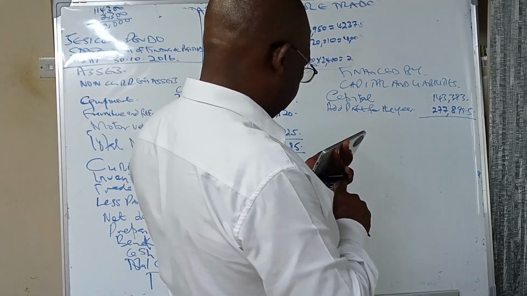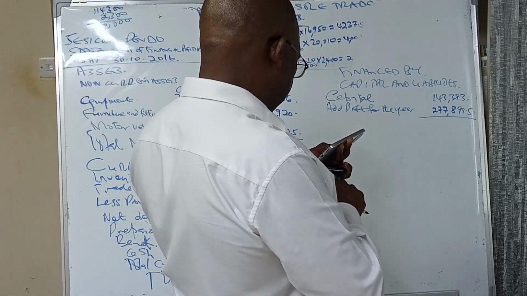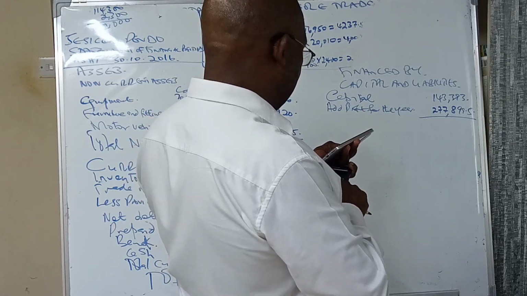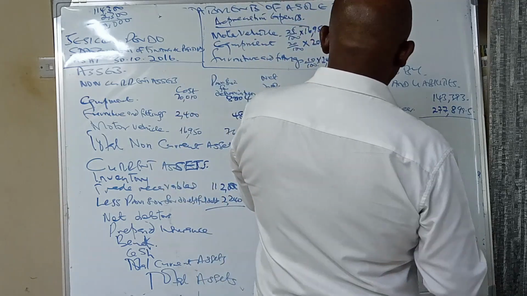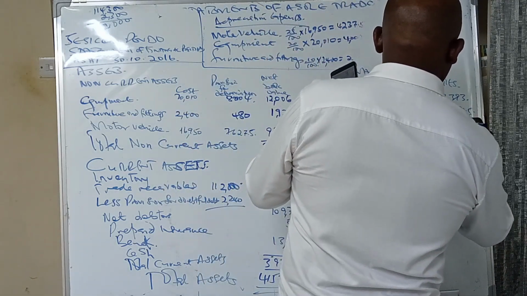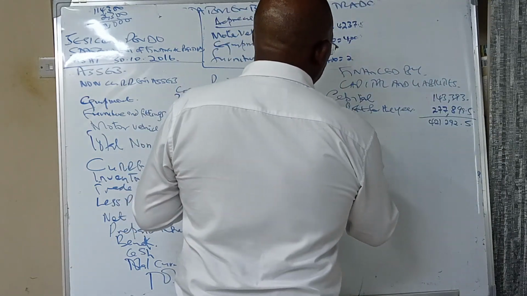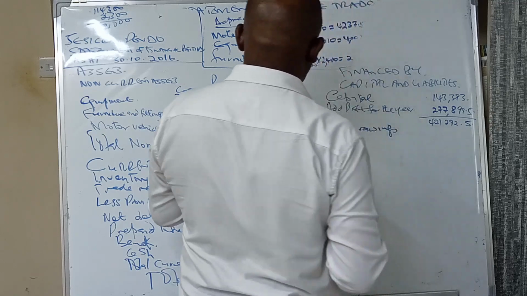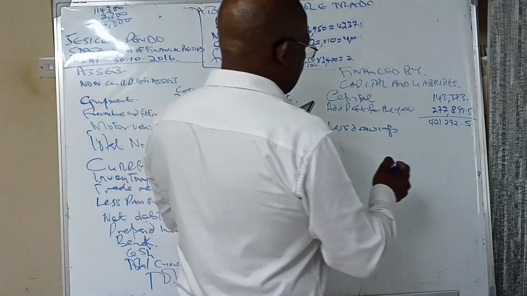So if you add them now, 143,393 plus the profit for the year 277,899.5, we get 421,292.5. Then we less drawings. From the trial balance, you can get our drawings is 85,800.